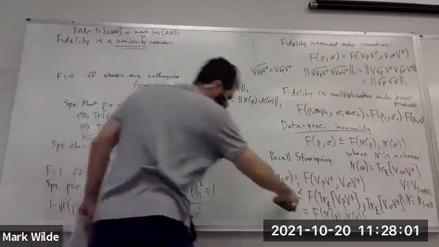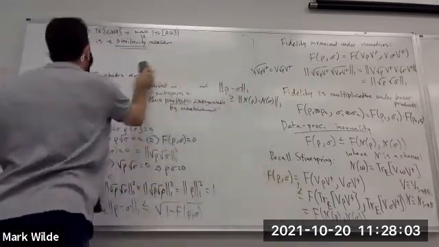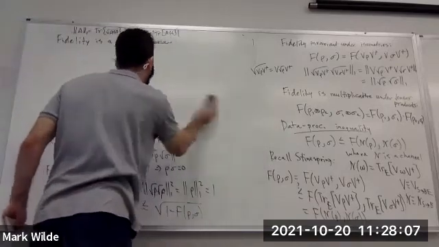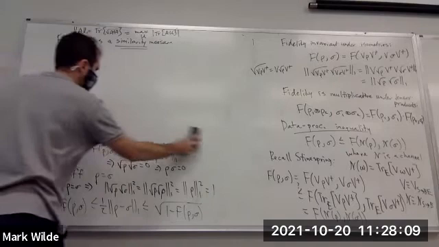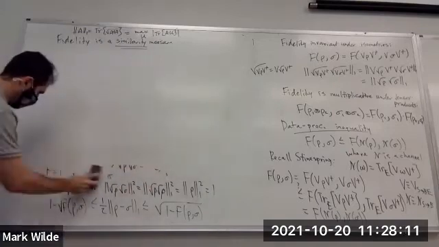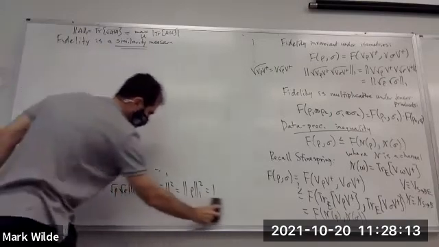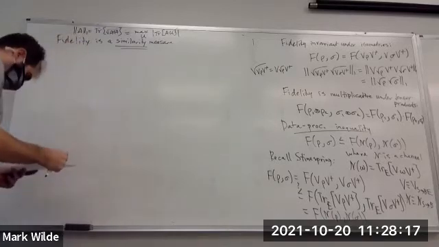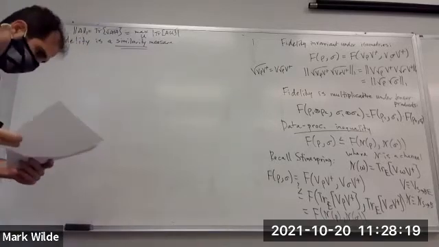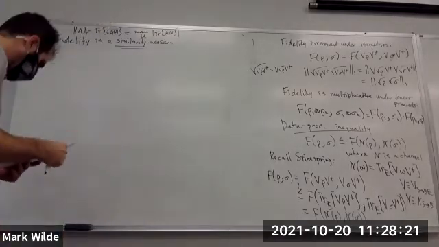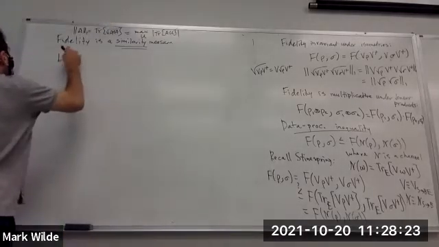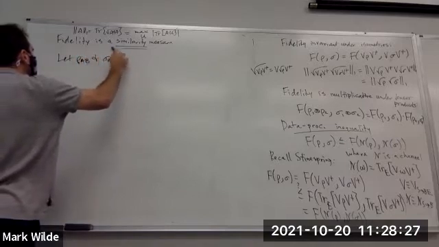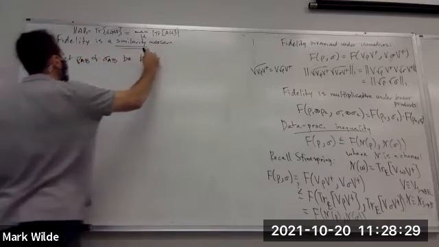So let's prove it. Let rho AB and sigma AB be bipartite states.